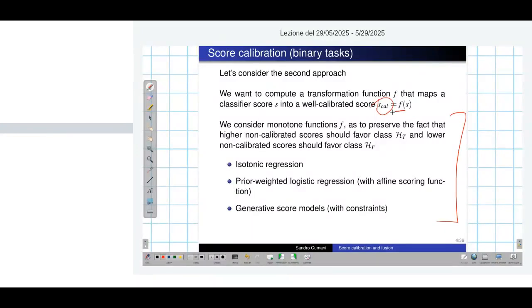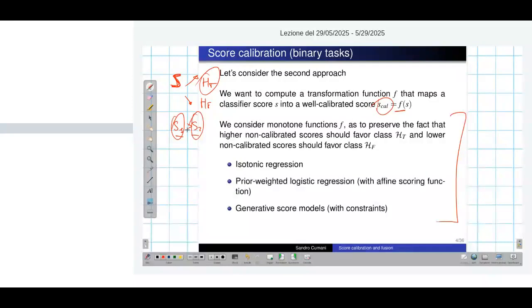The first thing that we ask is that our function f preserves the information of the scores. We have always said that for a binary problem, the minimum thing that we require for a score is that if a score is large, it favors class true, and if a score is low, it favors class false. That means that if we have two scores, and the first is larger than the second, then the first is more in favor of the true class than the second.